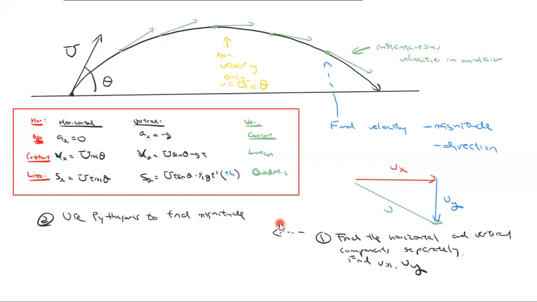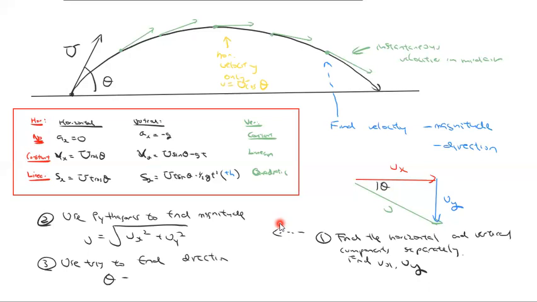In other words, the velocity at any point in time is always the square root of Vx squared plus Vy squared, but you just need to find Vx and Vy at that point in time. Then use trig to find the direction. If we call that angle theta, then tan theta equals the absolute value of Vy over Vx.